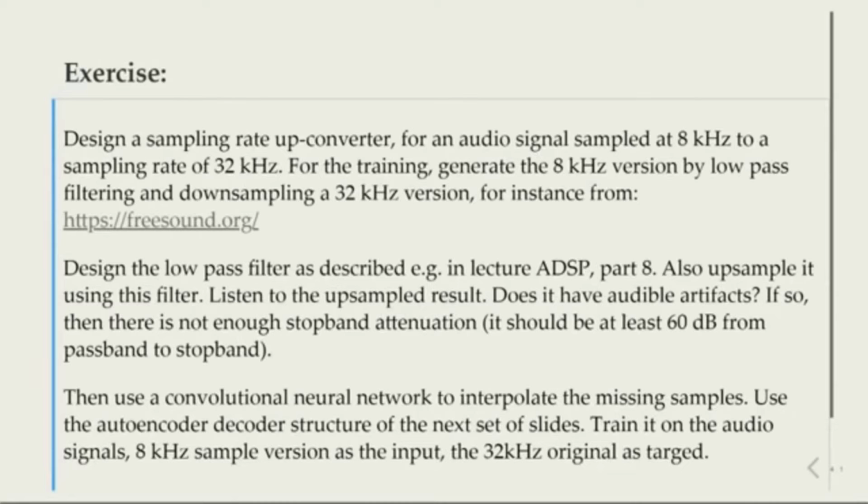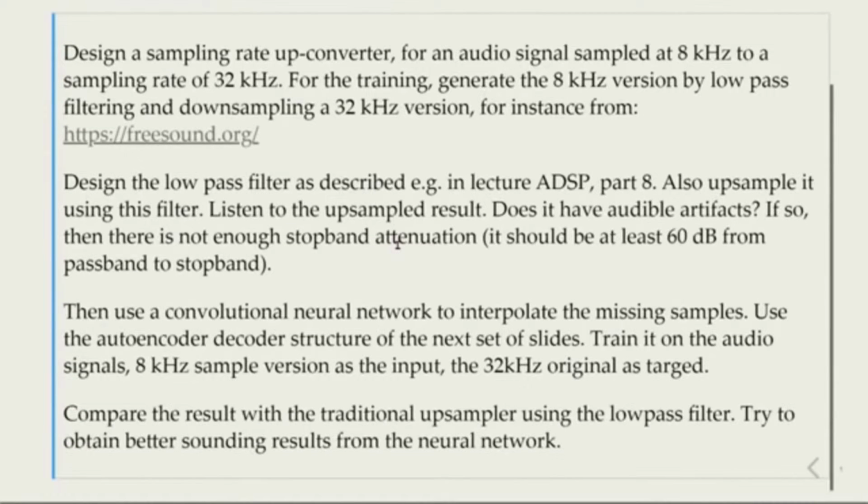So listen to the upsampled result and see if there are some audible artifacts, if there is not enough stop band attenuation. Then you can use a convolutional neural network to interpolate the missing samples, and you can use an autoencoder and decoder structure that is present on the next set of slides.